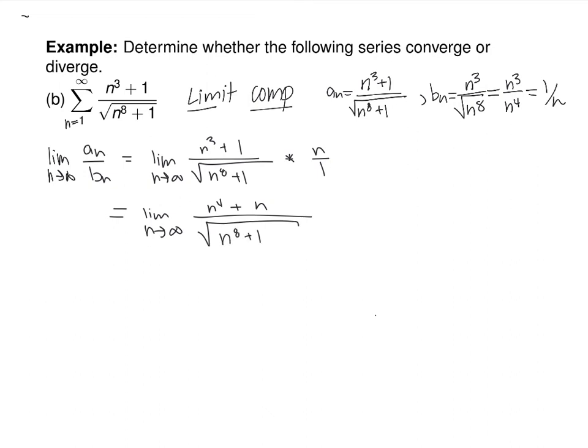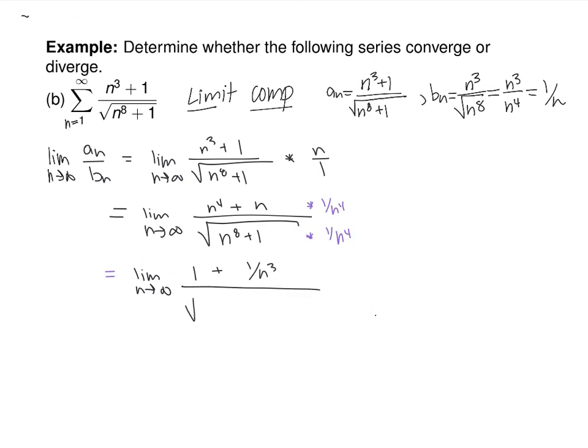Now technically, to find the value of this limit, at this stage we multiply by 1 over n to the 4th in the numerator and denominator. In the numerator, that's pretty easy. We just get the limit as n goes to infinity of 1 plus 1 over n cubed.